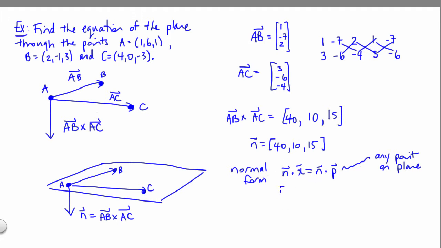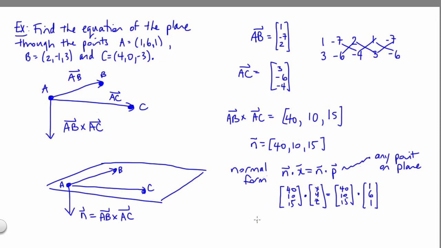So let's plug in. Our normal vector is 40, 10, 15. We're going to dot that with the vector x, which contains our variables x, y, z. And over on the right side, we've got 40, 10, 15 dotted with the vector version of any point on this plane. So let's say we use the point A, 1, 6, 1, for example, and then we'll expand out the dot product.